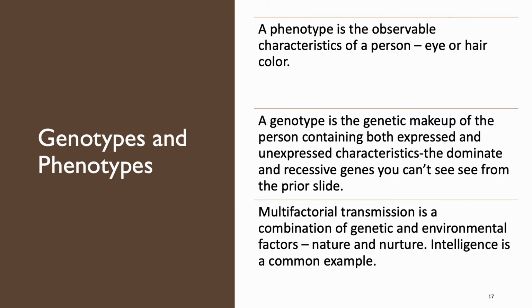A phenotype is the observable characteristic of a person, eye or hair color as an example. A genotype is the genetic makeup of the person containing both expressed and unexpressed characteristics. The dominant and recessive genes you can't see from the prior slide.